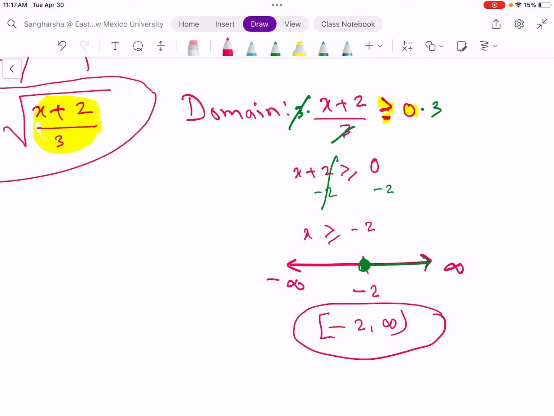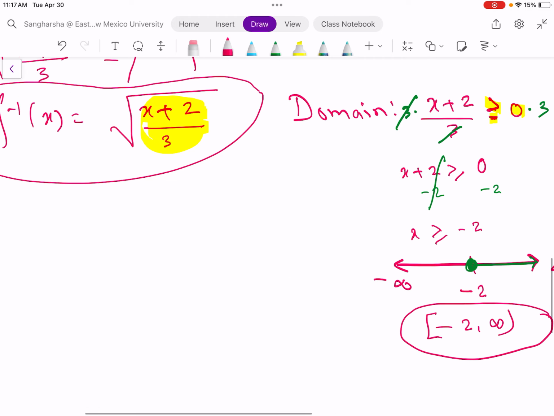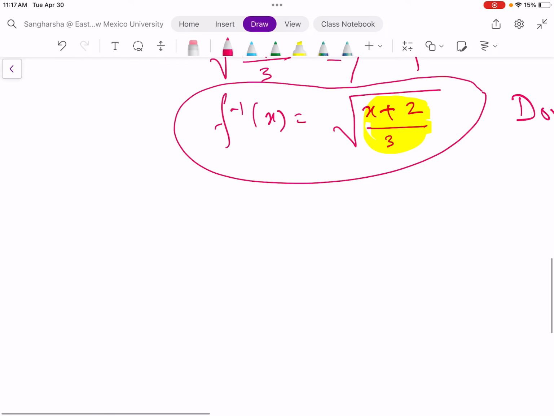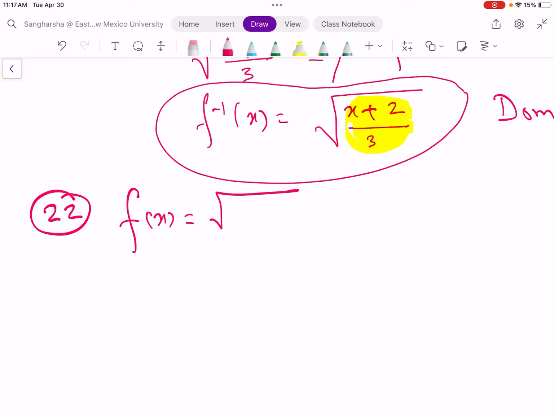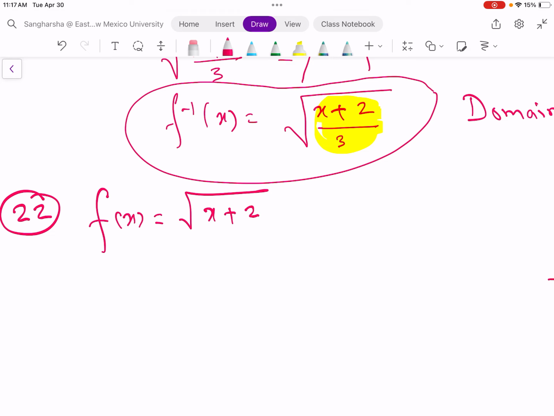Now for number 22, why don't you try number 22? Let me give you time to try it. So our function is f of x equals the square root of x plus 2. You find the domain of this function, find the inverse of this function, and find the domain of the inverse function.